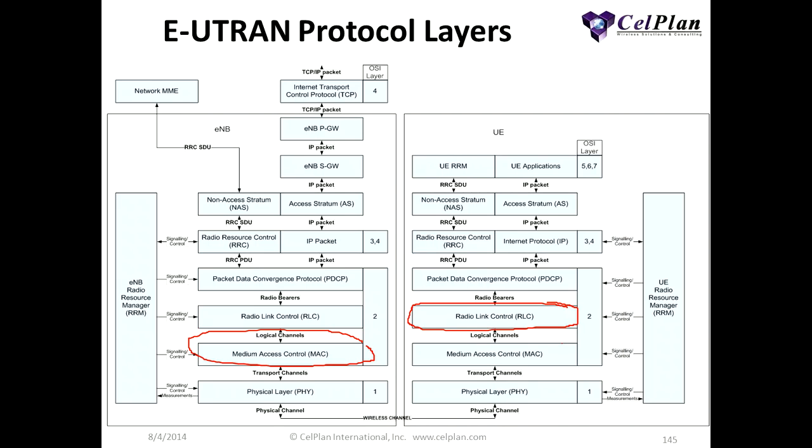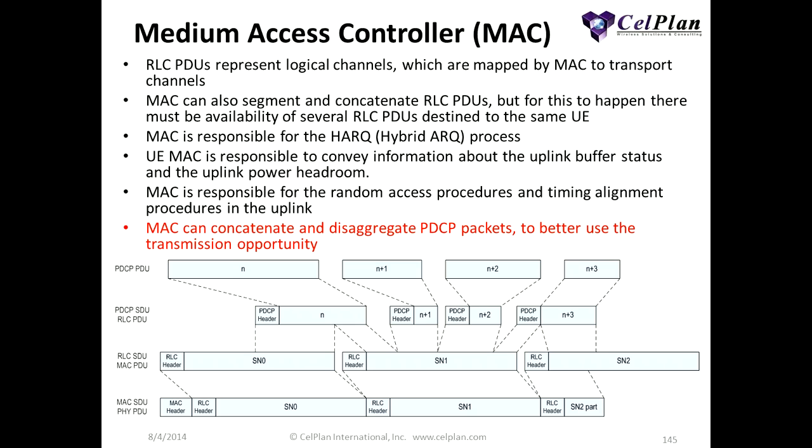Because you will see that the lower layers will break packets, and what can happen is that a packet may arrive without all its components. So the RLC will hold this packet there until all its components arrive. It will build the packet and then send the packet out.